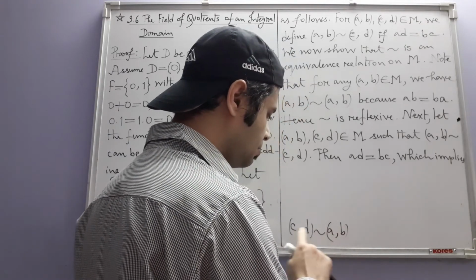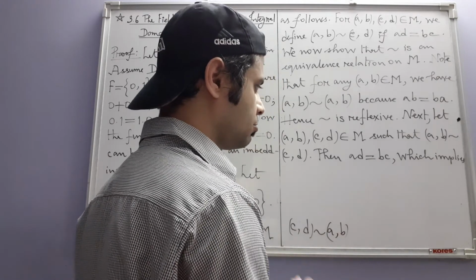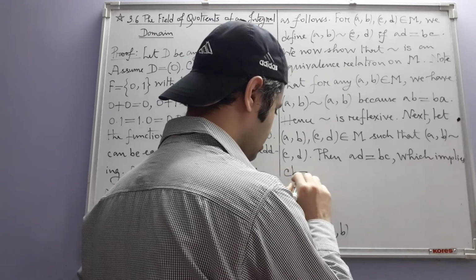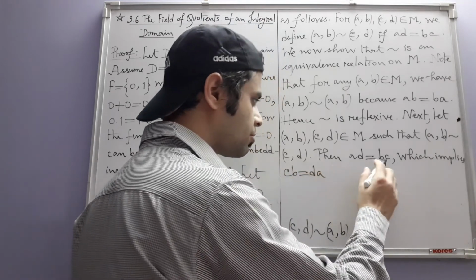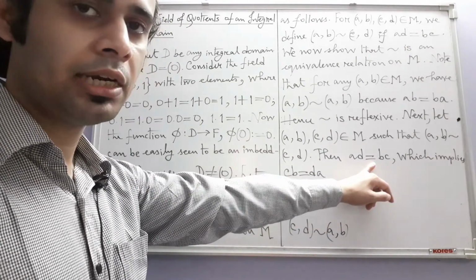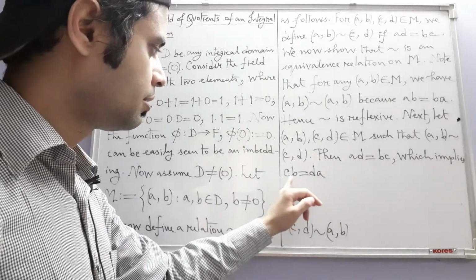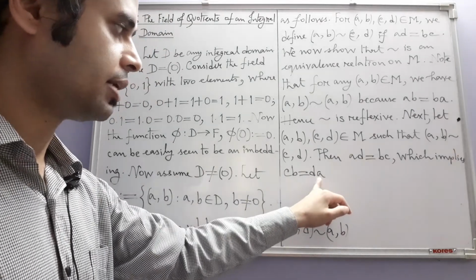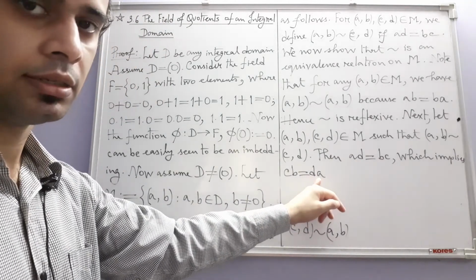We need CB is equal to DA. Now do we have that? I can of course write BC is equal to AD because ordinary equality is symmetric, and in place of BC I can write CB, in place of AD I can write DA because I have commutativity in the integral domain.